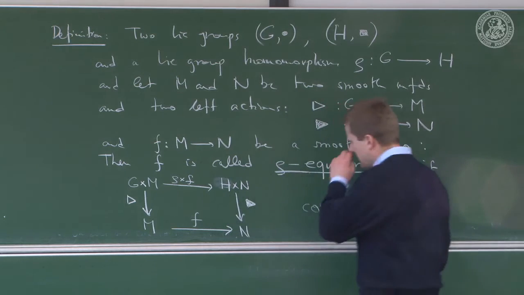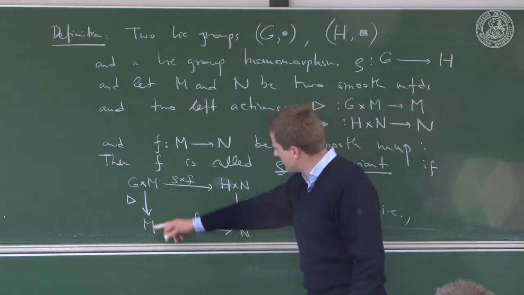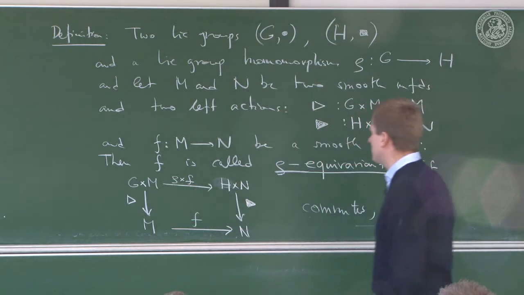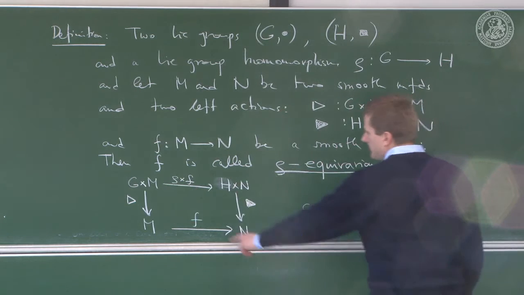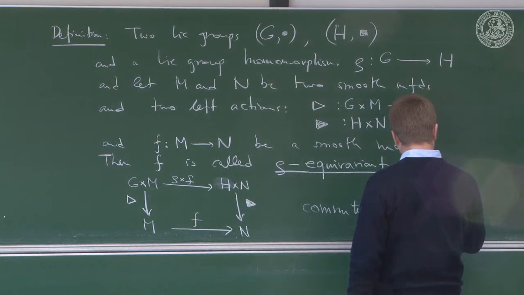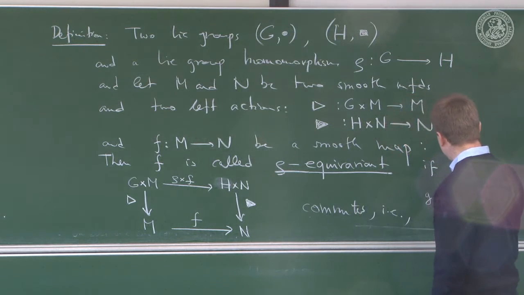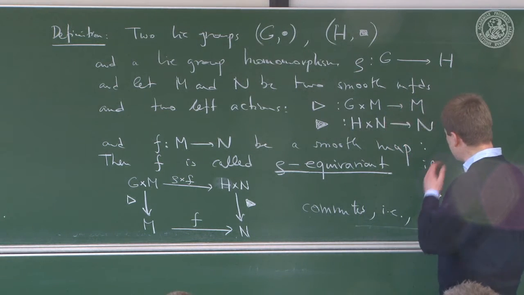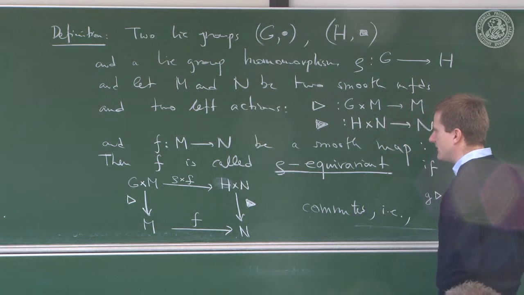Again, what does that actually mean? It means you can go this way or you can go that way. So let me first write down this way. That means you let g, some g in the group, act from the left by this empty left action.